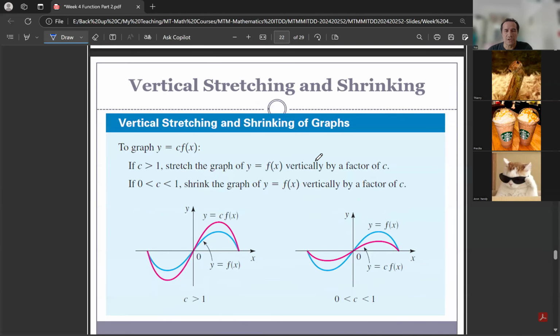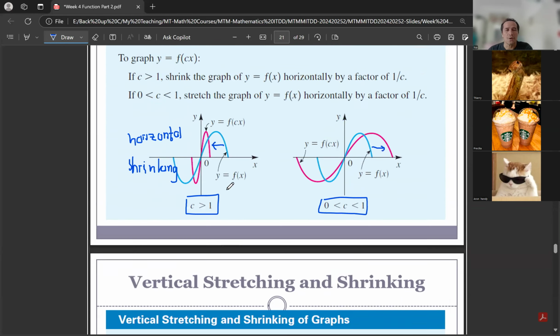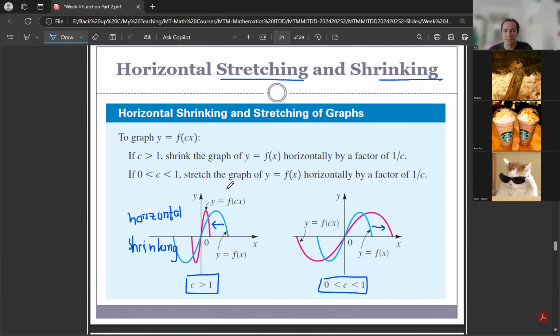And what about vertical stretching and shrinking? It is similar, but we must have a convention about what happens in horizontal shrinking and stretching.